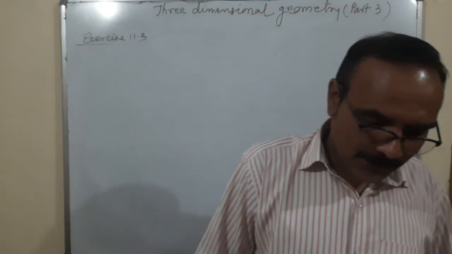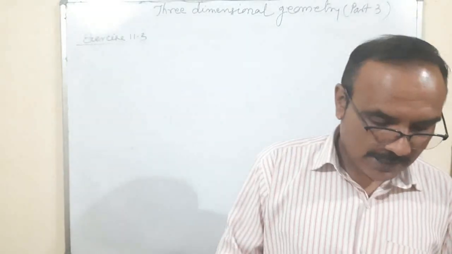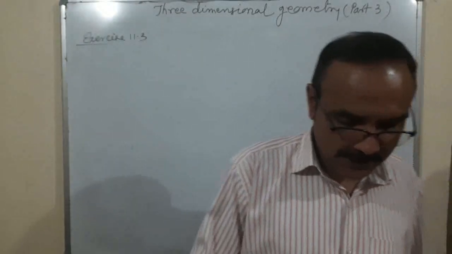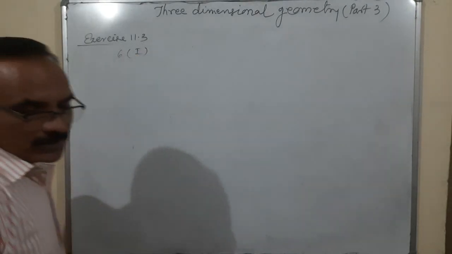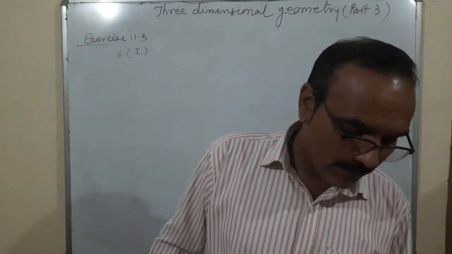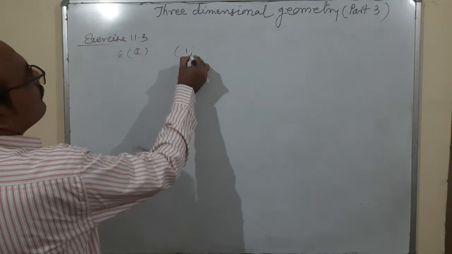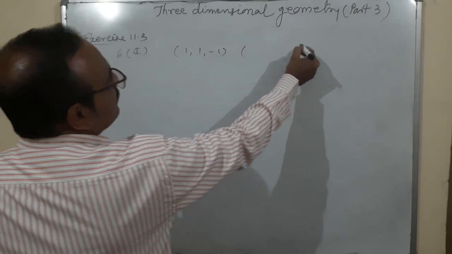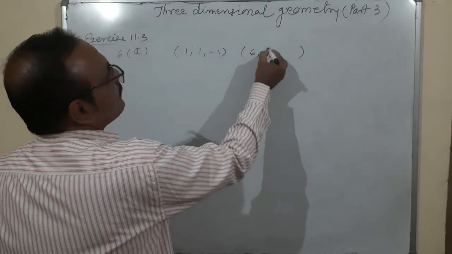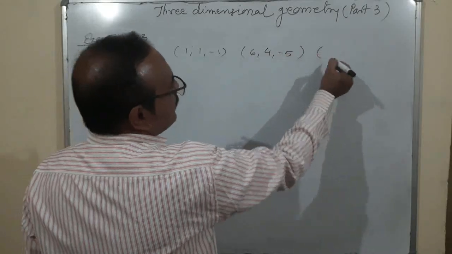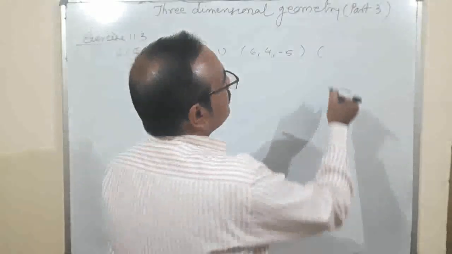Next question: find the equation of the plane passing through three non-collinear points. Directly, we can put the values in the formula. In the sixth question I am taking the first part. Three points are given: (1, 1, minus 1), second is (6, 4, minus 5), and third one is (minus 4, minus 2, 3).